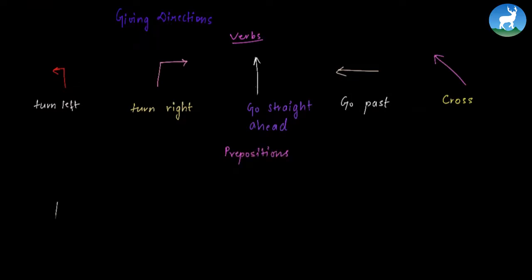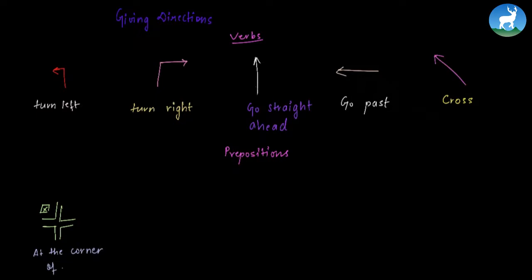So suppose this is a road and your destination is right here. You can say your destination is at the corner of the road.